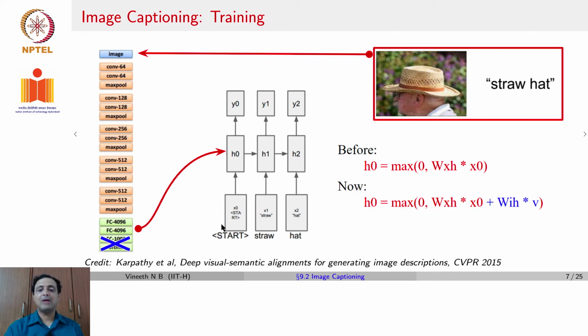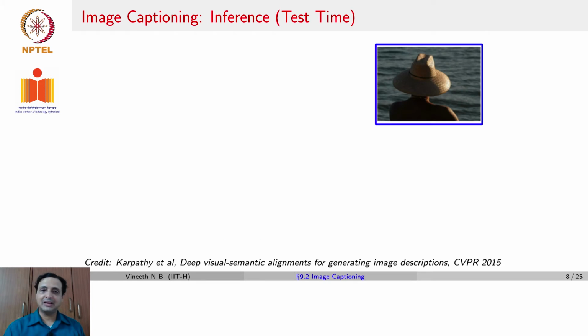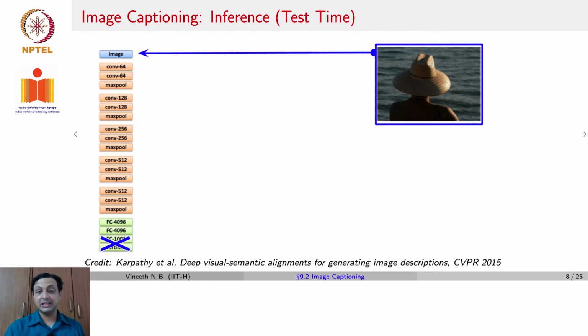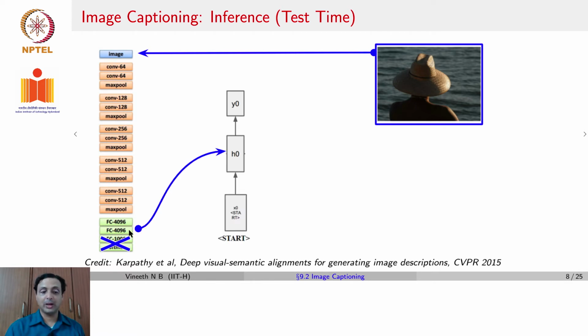But now you're going to have H0 to be max of 0, that comes from a ReLU activation function, a weight matrix WXH into X0 plus a new weight matrix WIH into V, where this V vector comes from the CNN's output. What happens at test time? Given a different image, this image is given as input to the CNN, and the CNN's FC7 representation is given as input to an RNN along with a start token.